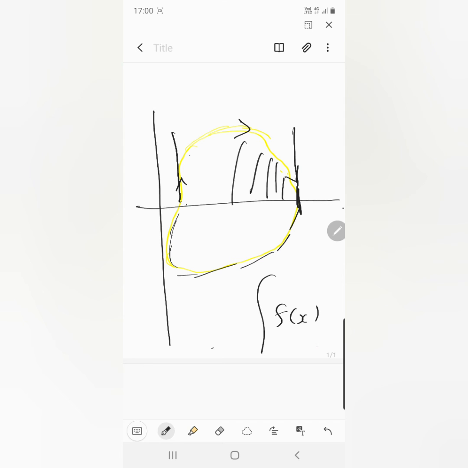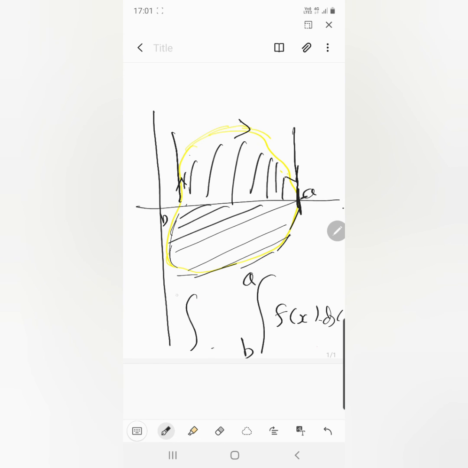Integrate meaning get all of them together between points a and b, dx, and do it separately for this part here also, so integrate from a to b this part in the bottom, say g of x, another function g of x dx.